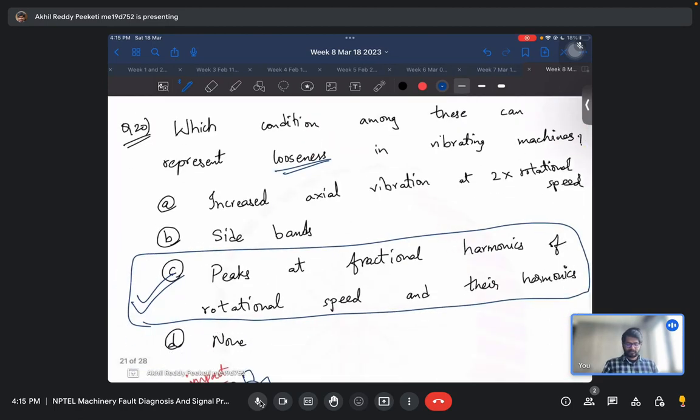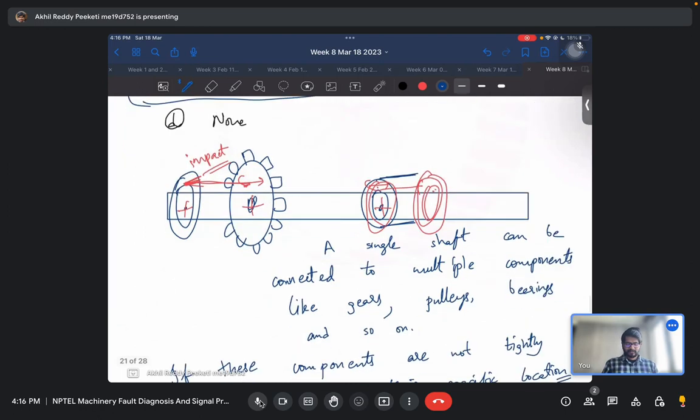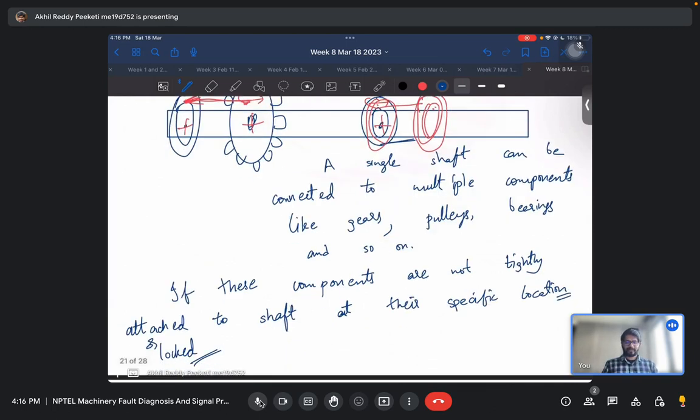Which condition among these can represent looseness in a vibrating machine? When you have looseness, with a single shaft connected to multiple components like gears, pulleys and bearings, it means these connected components can move axially along the shaft, and when they are moving during operation, they can hit one another.